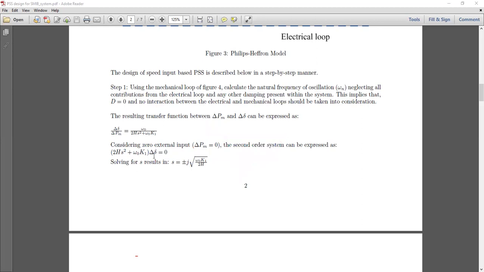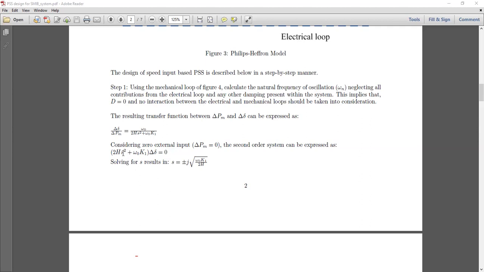Okay, so after cross multiplication, you see del PM is zero, so omega 0 will not appear in the expression on the right hand side. So simply it is 2H s squared plus omega 0 k1 multiplied by del delta equals 0. Then we solve for s, but before that we divide both sides by del delta. So we are only left with s. S is the root of this characteristic polynomial.